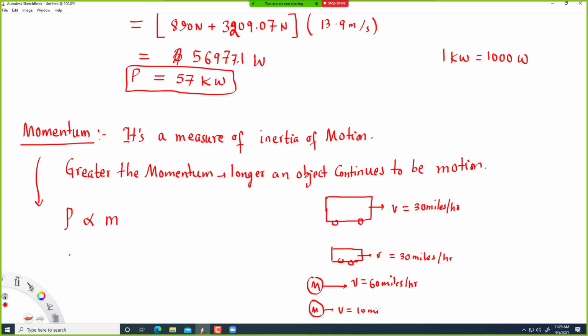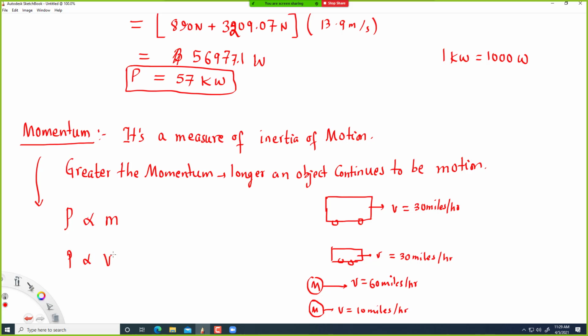Which one would be harder to stop? It would be difficult to stop the one that moves at higher speed. So momentum also depends on velocity.